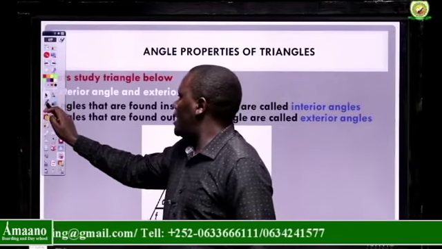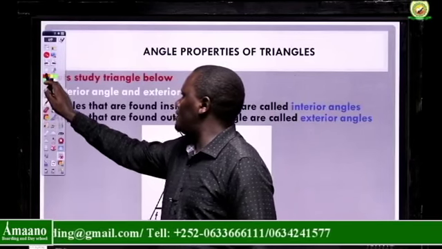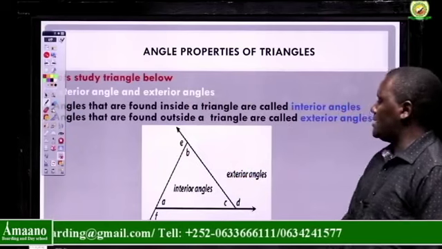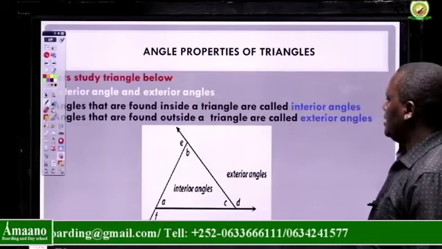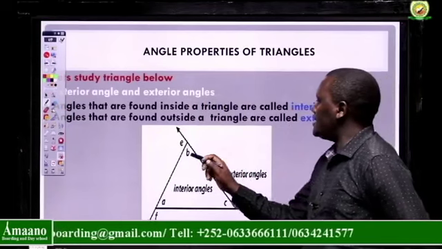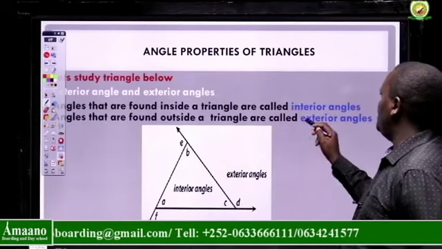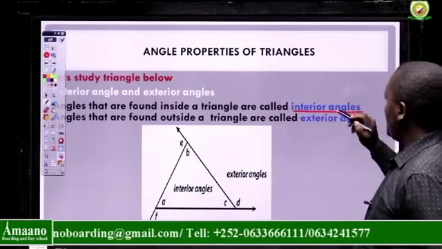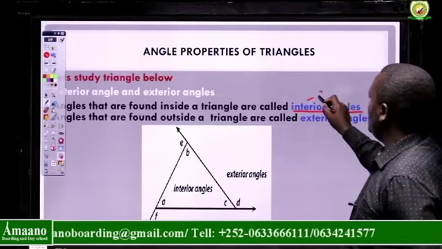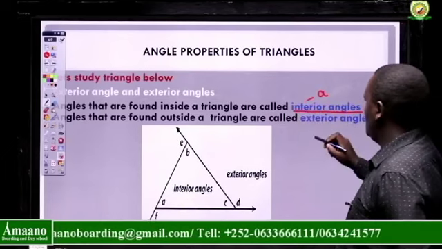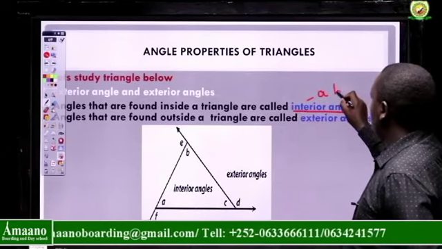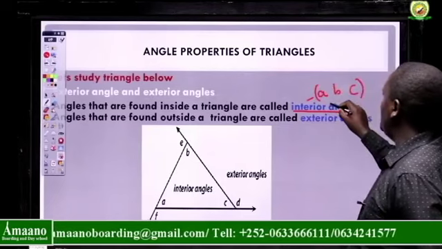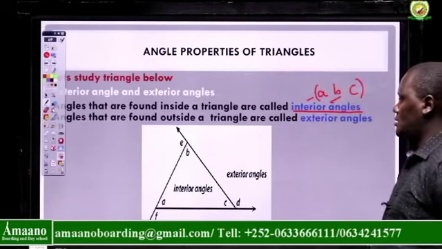Now, how do we call those angles that are outside a triangle and those that are inside a triangle? Those angles that are inside a triangle, we call them interior angles. For example, I have angle A, B, then C. All these angles are called interior angles.